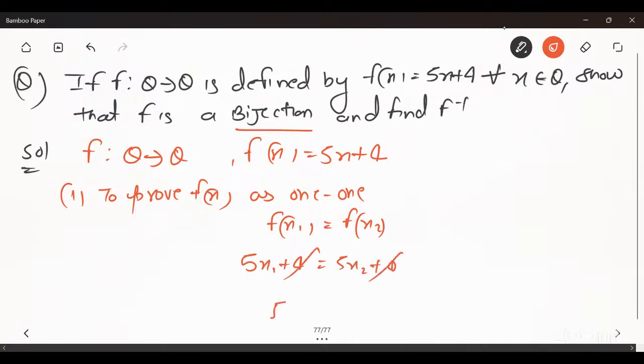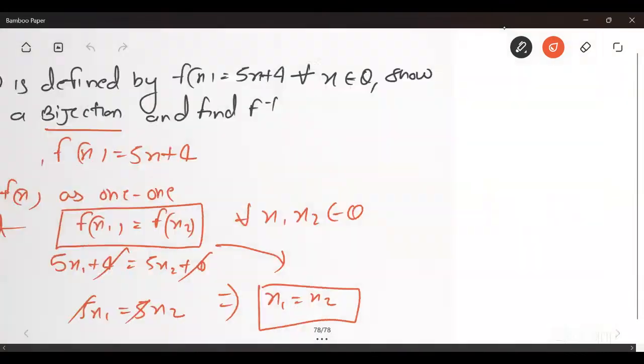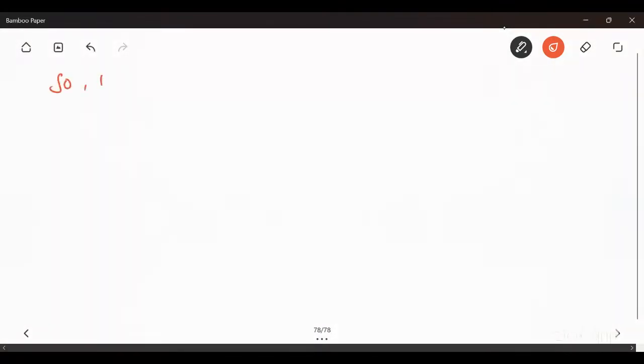So 5x1 equal to 5x2. So x1 equal to x2 will be your answer. So by taking f(x1) equal to f(x2) for all x1, x2 belongs to Q, we have proved that x1 equal to x2, which means that f(x) is one-one.